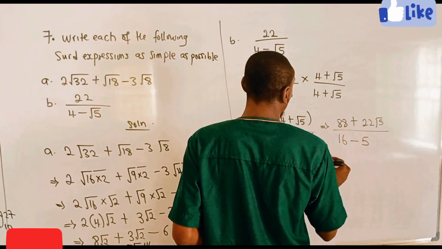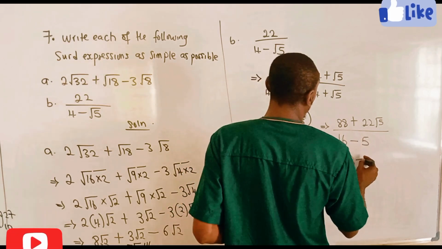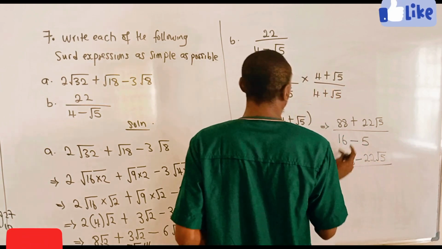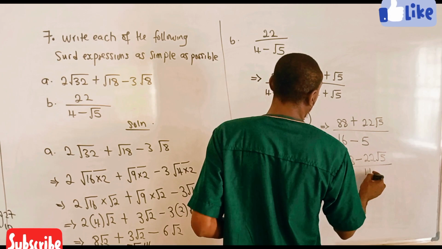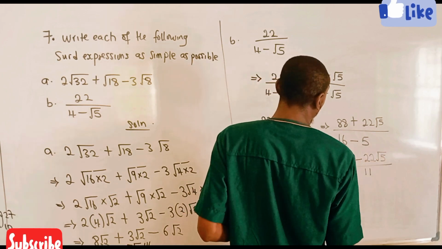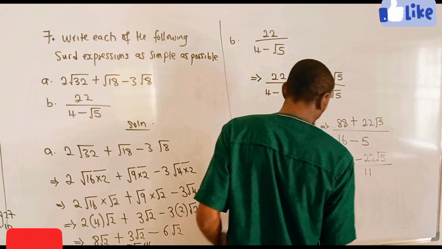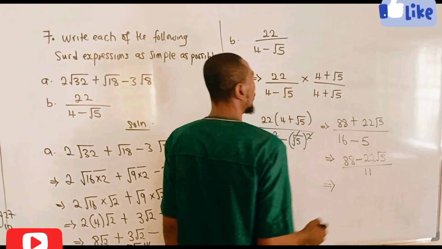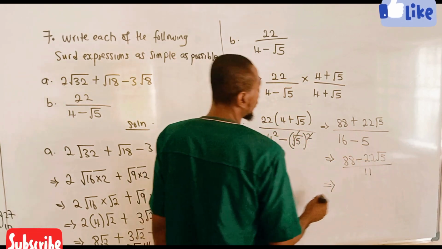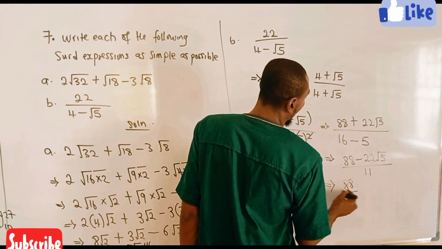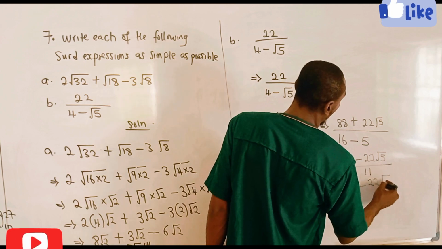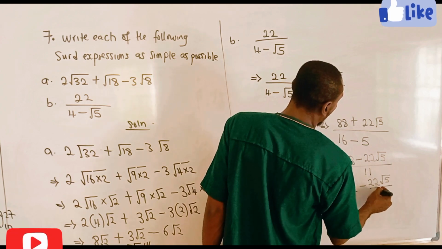So that this is equal to 88 plus 22 root 5 all over, of course, 16 minus 5 is equal to 11. Then when you divide further, you're going to have 88 divided by 11 and 22 divided by 11. Of course, we're going to have 88 over 11 plus 22 root 5 over what?